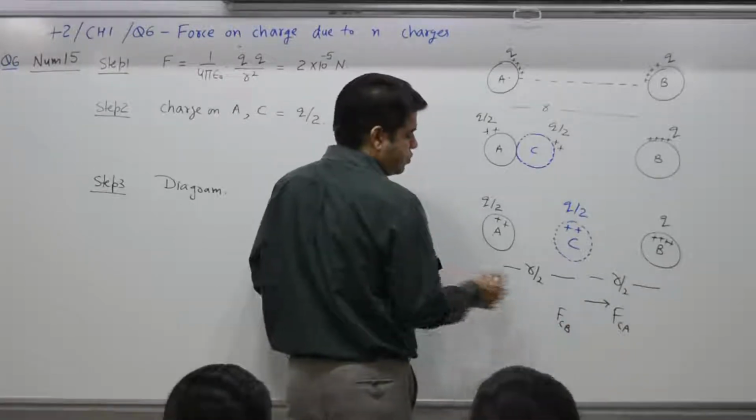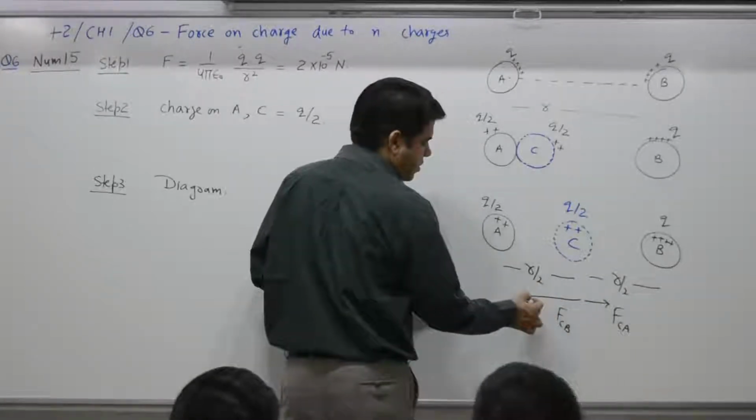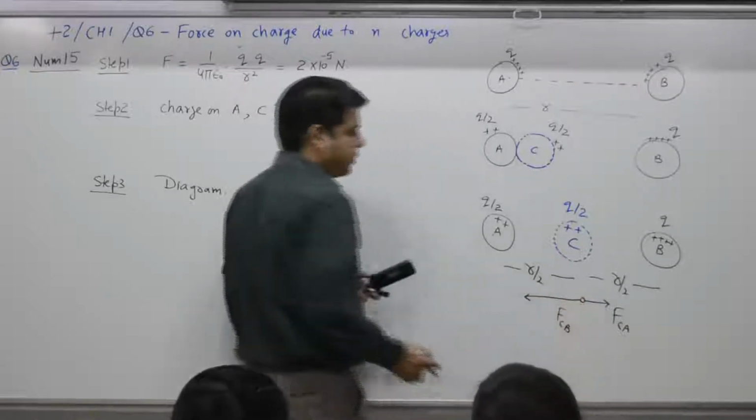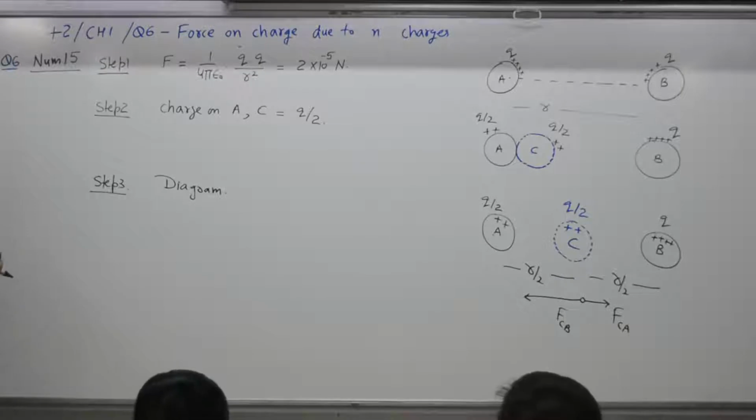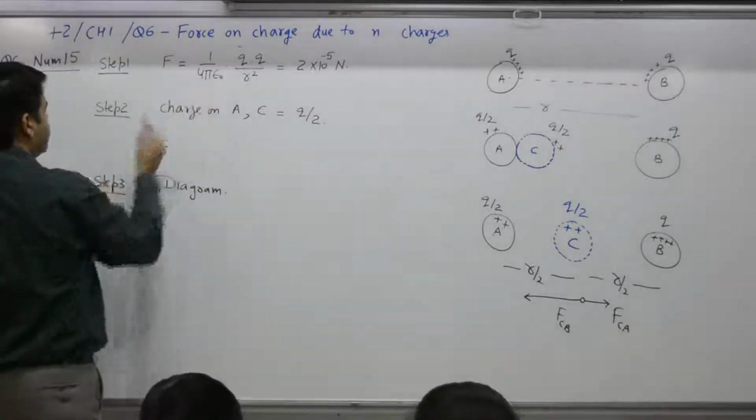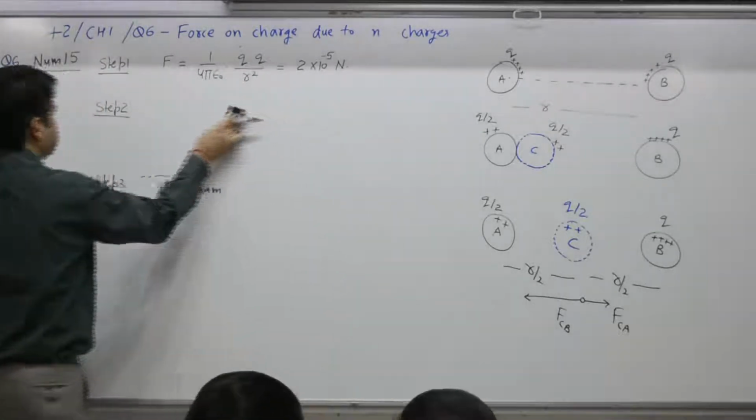That is why I need to draw a big arrow, FCB. So step 4 is what? I will write step 4 here.